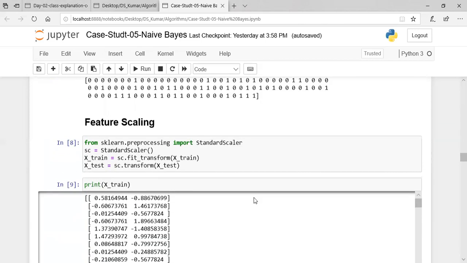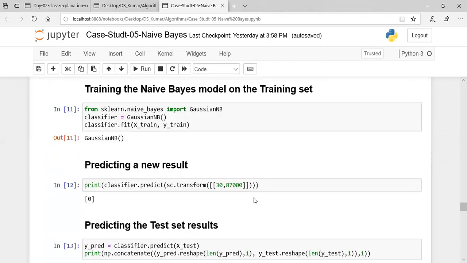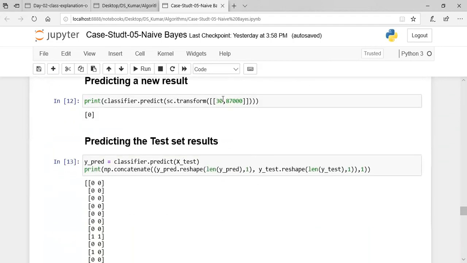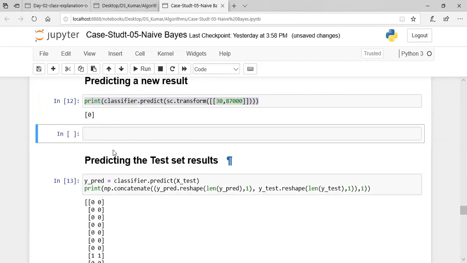Now after fitting our model, you can check with any kind of data, maybe a person who is 35 years old with the corresponding salary, because our classifier already got some information. Let us see. Suppose I give some other information which is not there in the list.